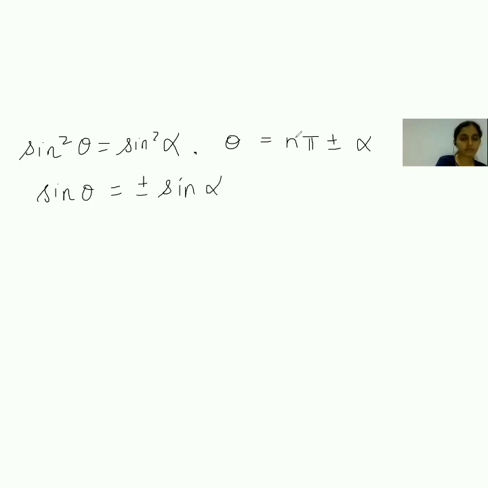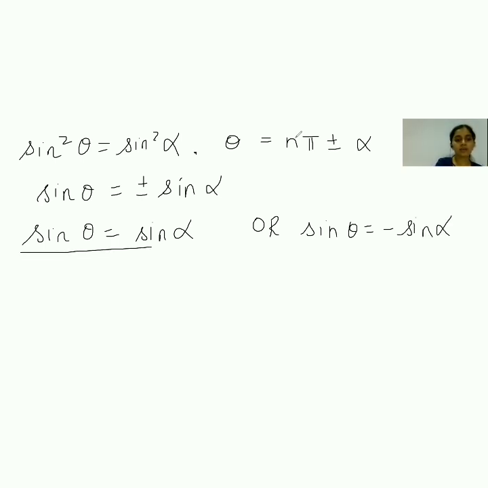Now what does plus minus sine alpha mean? We can write this as sine theta is equal to sine alpha, or sine theta is equal to minus sine alpha. Now this first part is what we started the session with: sine theta is sine alpha.